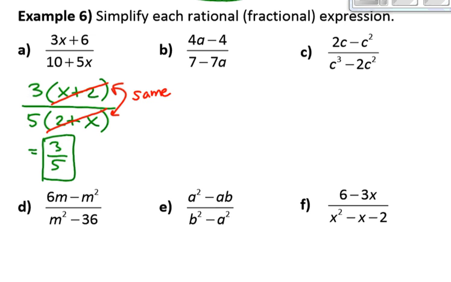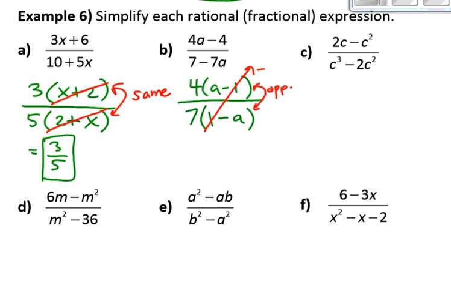So when we get to B, when I factor, you have 4 in common in the numerator, so you get a minus 1. And in the denominator, you have 7. So now that's going to be 1 minus a. Now this one's a little different than the first one, in that a minus 1 and 1 minus a, they're not the same, but they're opposites of each other. Okay, so they're still going to be the same number, just opposite sign. So the way that I do this, these will cancel to be 1, but it's going to be a negative 1.